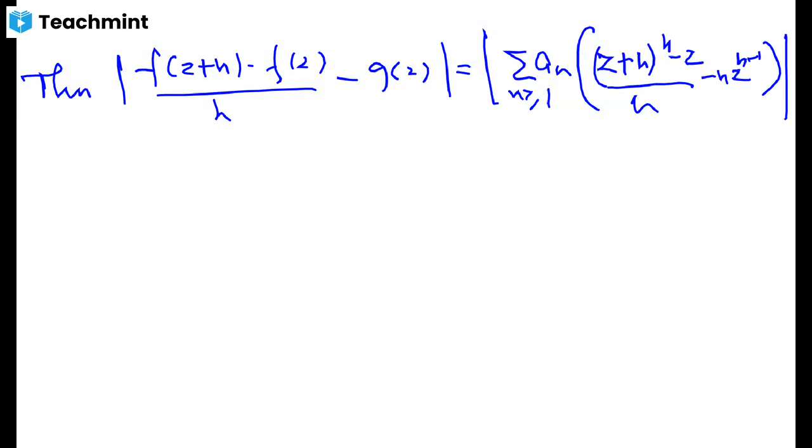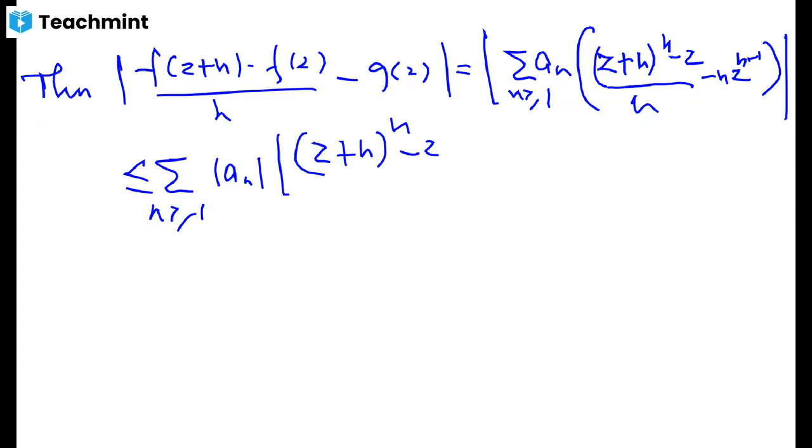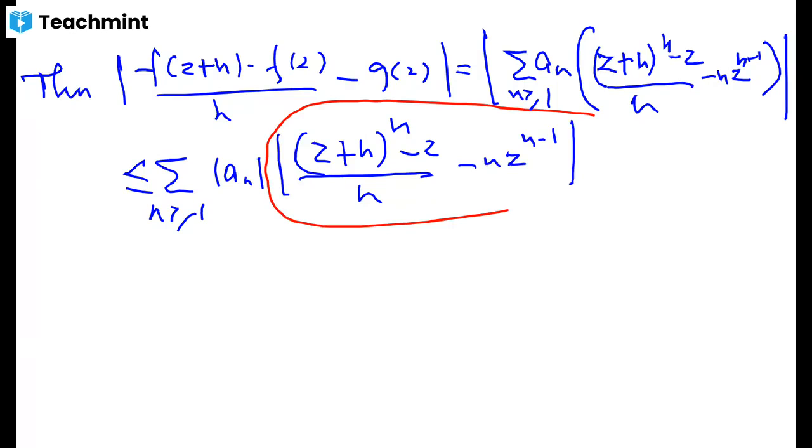Since the series is convergent, you can use the triangle inequality here. It will be less than or equal to the summation of mod a n times mod of that bracket, and the estimate for this modulus is obtained as follows.